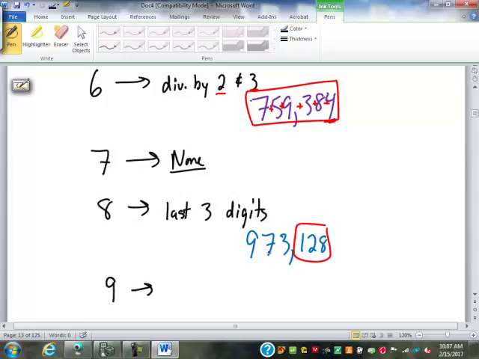9 is a little bit more useful. Now again, I don't use the rule for 9 because I just divide by 3 twice. But it's the sum of the digits again.